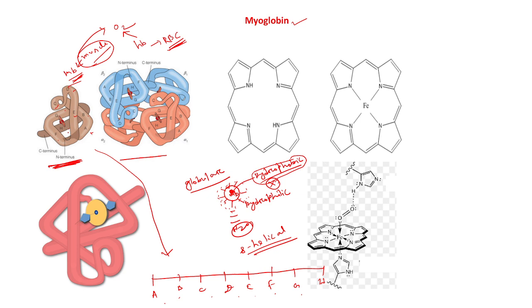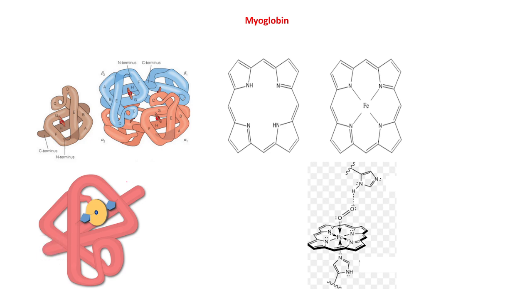Now at the center of the myoglobin, a specific group is found. This is a very important group. The iron at the center is Fe+2.